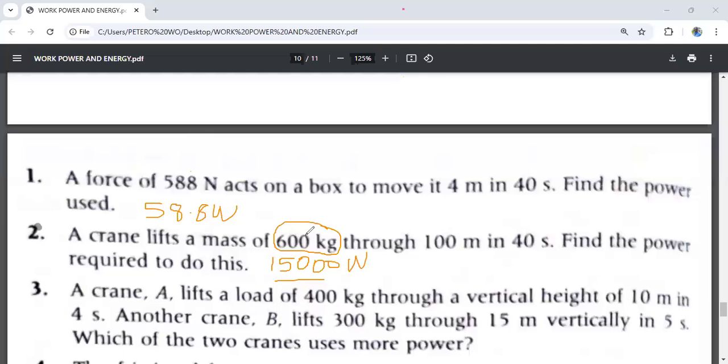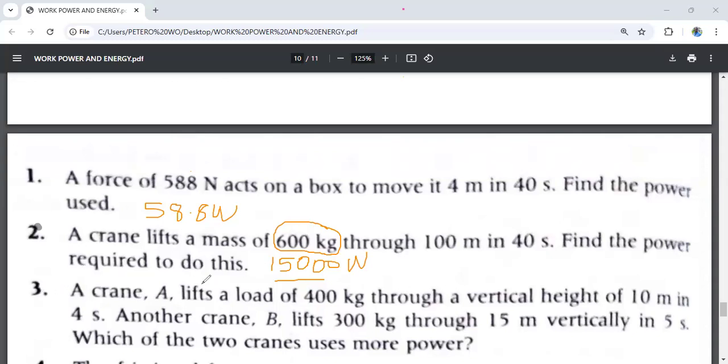We will multiply this mass times 10, which is the acceleration due to gravity. So we'll get the force as 6,000. If you multiply it by 100 meters and then divide it by 40 seconds, our answer for number 2 will be 15 with 3 zeros. So it is 15,000.